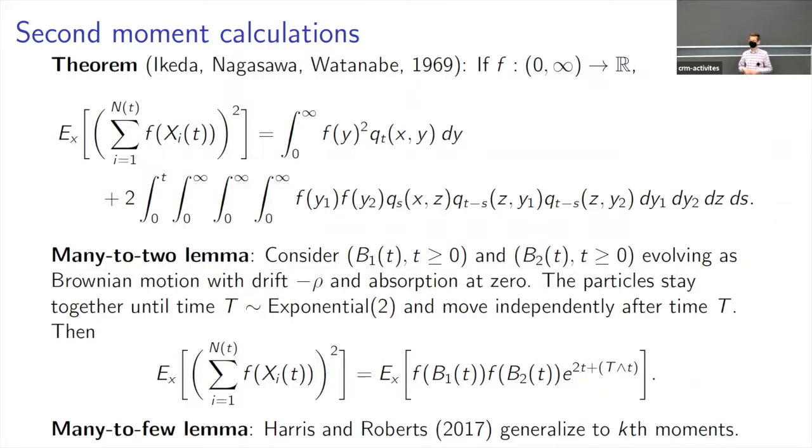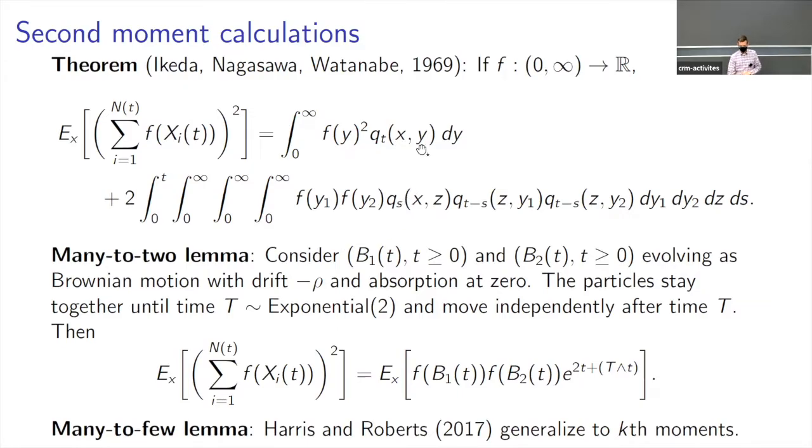But there's also another way of writing this formula, which is known as the Many-to-two lemma. Let's consider two processes, B1 and B2, which evolve as Brownian motion with a drift of minus rho and absorption at the origin. Let's assume that these two particles move together for an exponentially distributed time with rate 2, and after that time, they move independently.